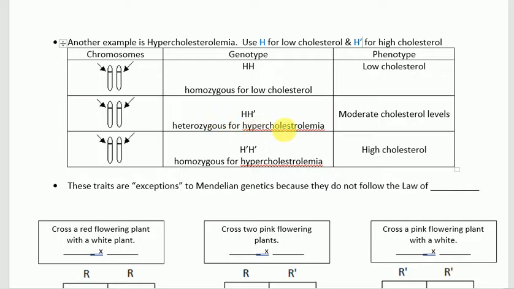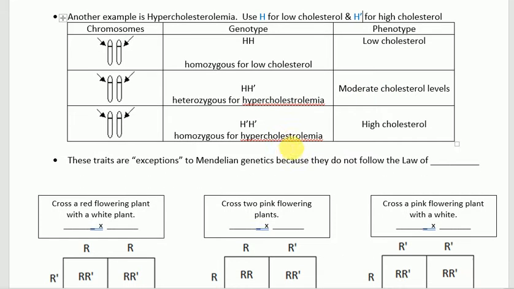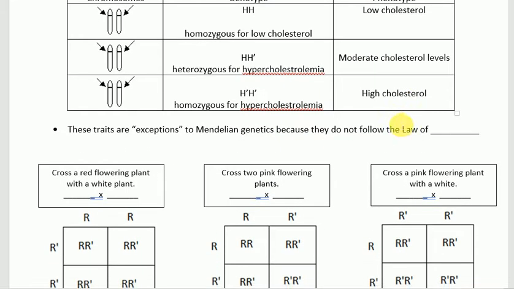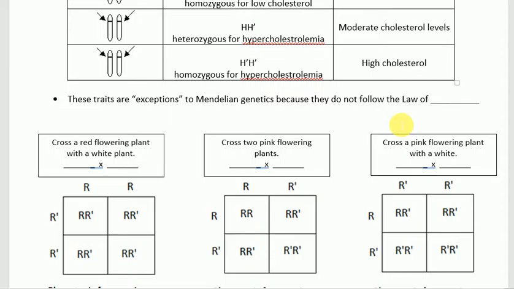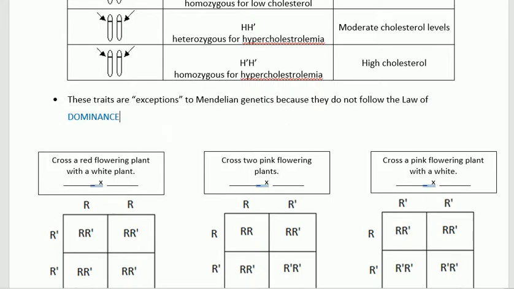Heterozygous for hypercholesterolemia, we've got H, H prime. This is moderate. And then we have H prime, H prime, which is high. So these traits are going to be exceptions to the Mendelian genetics because they do not follow the law of dominance.